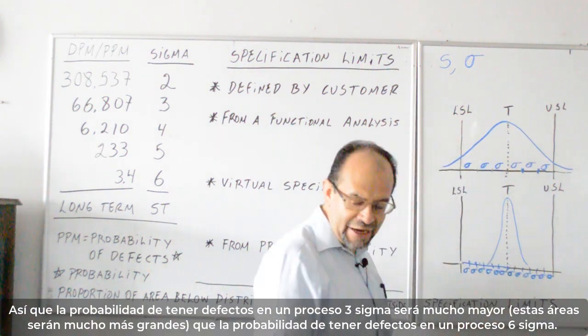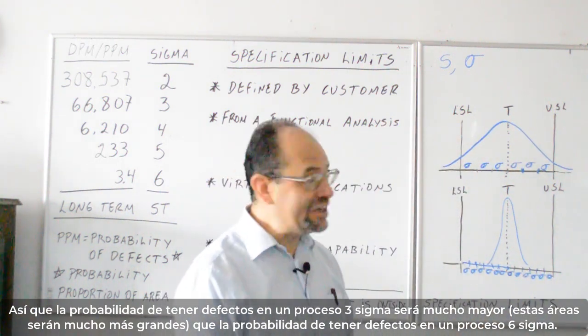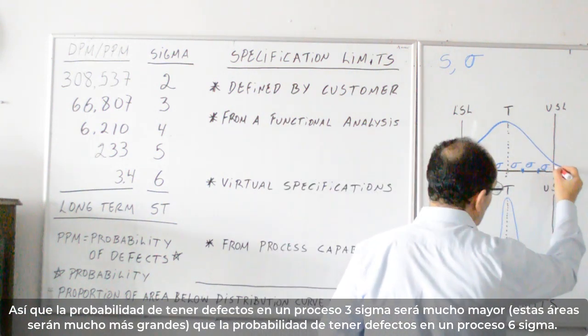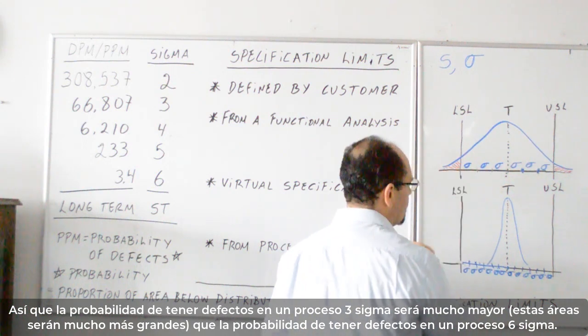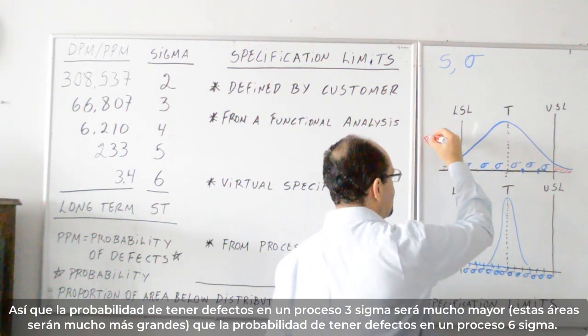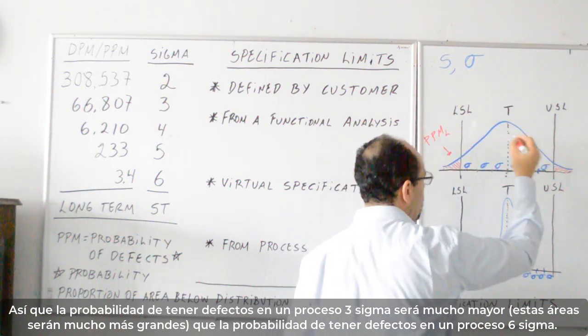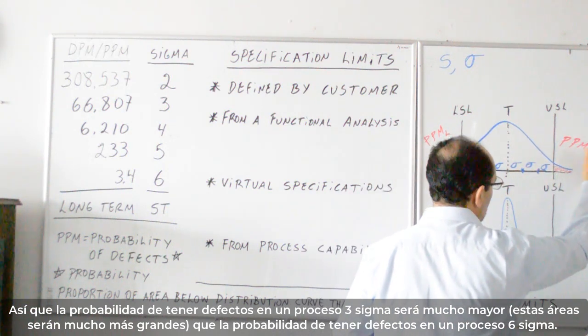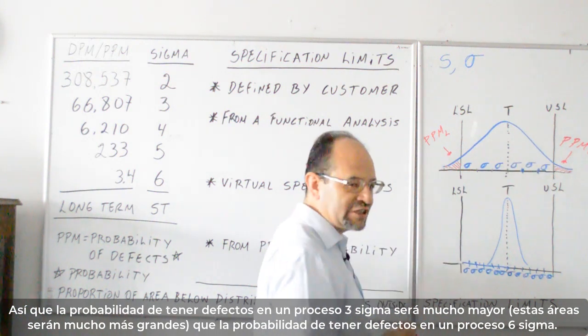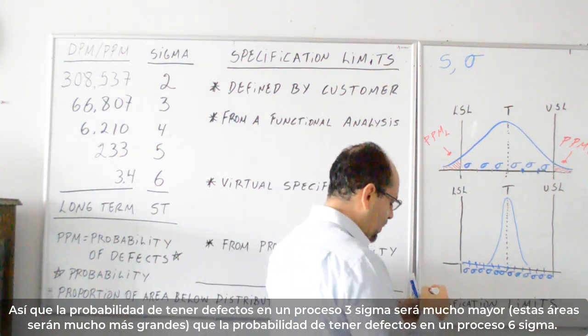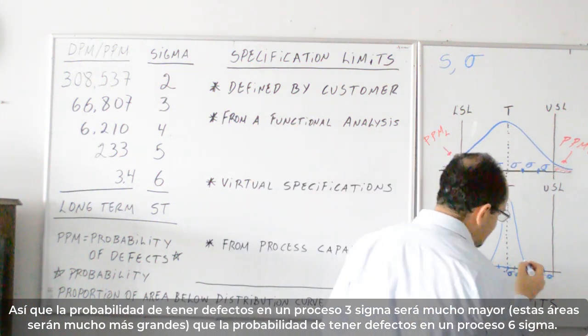So the probability of having defects in a 3 sigma process will be much bigger. For instance, here and here, these areas are going to be much bigger. Here we are having the PPMs, parts per million lower, parts per million upper. So the probability of having defects for a 3 sigma process is much bigger than the probability of having defects for a 6 sigma process.